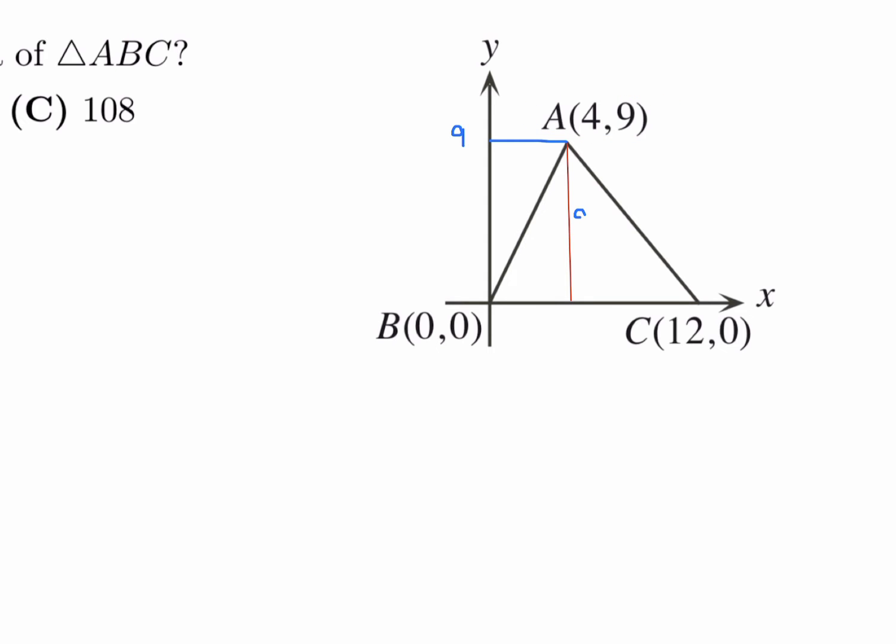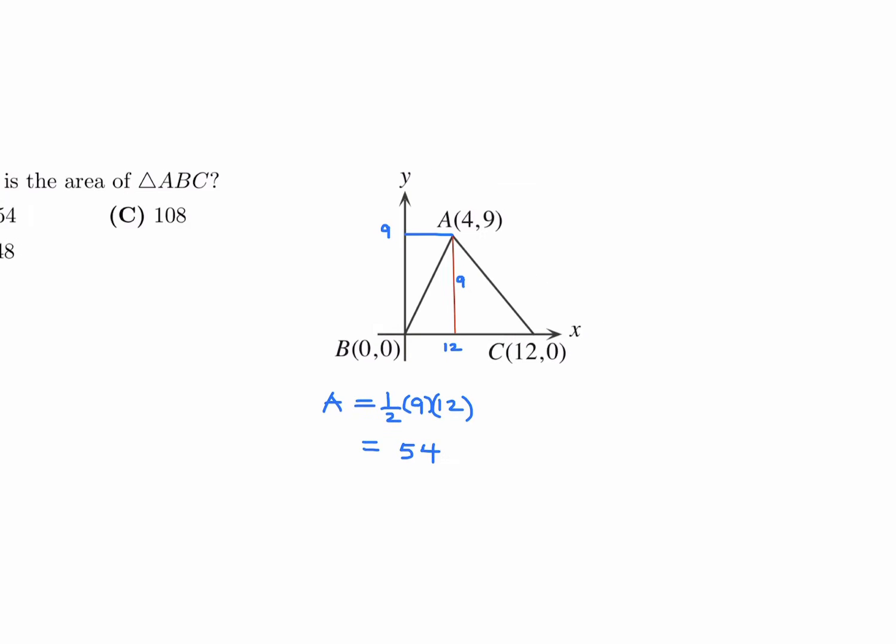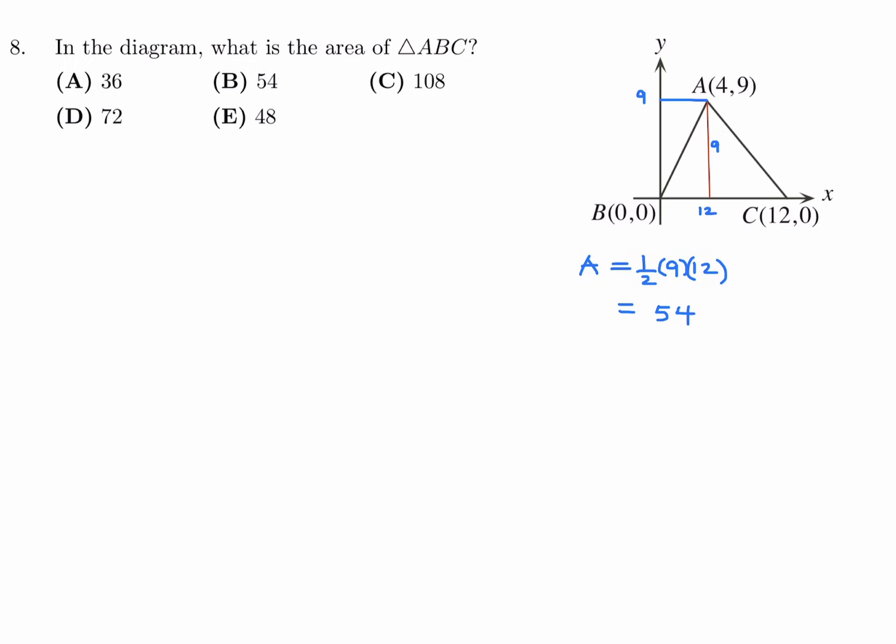So 9 is the height of this triangle, and the base is from there to there, which is the x-coordinate of C, and that's 12. So therefore the area is 1/2 base times height, like that. And that looks like 6 times 9, which is 54. So 54 is the answer to number 8, and that is choice B.